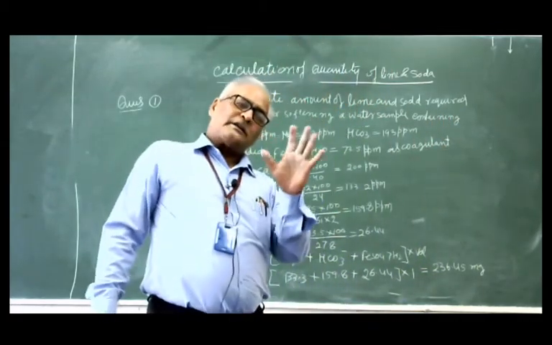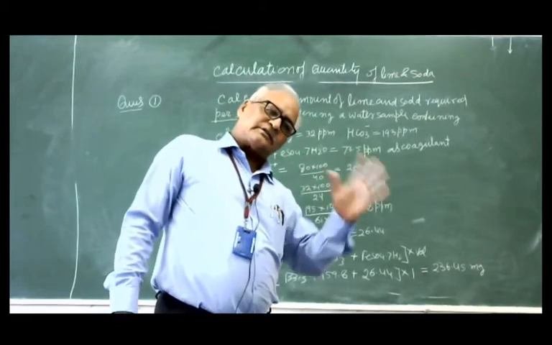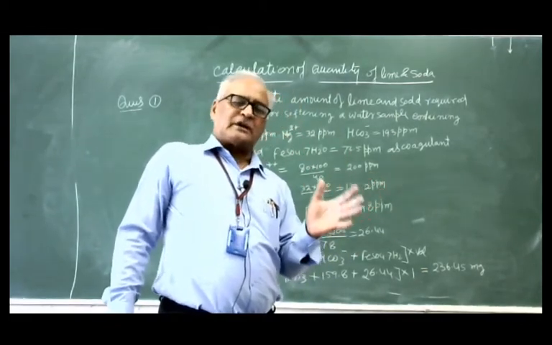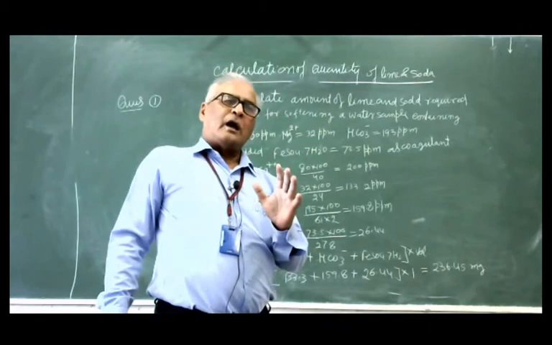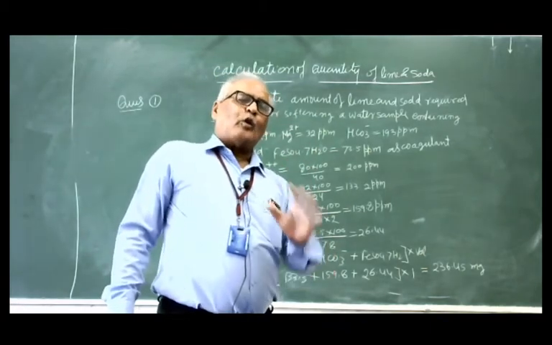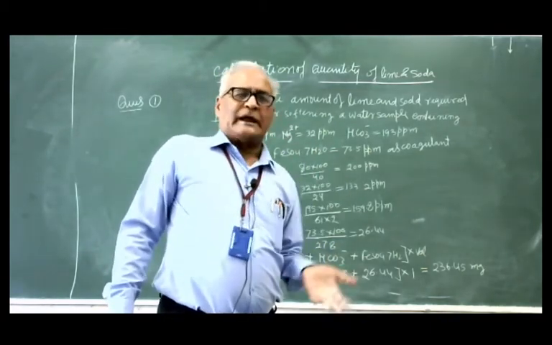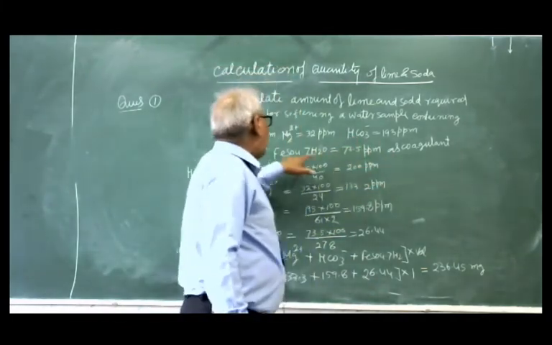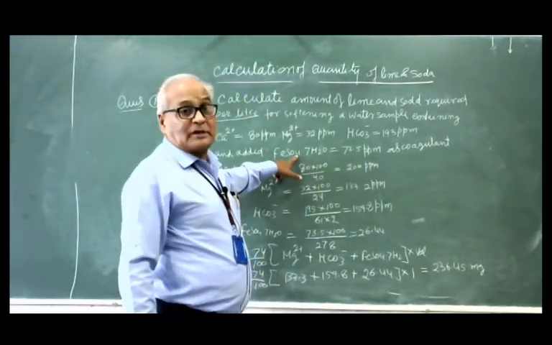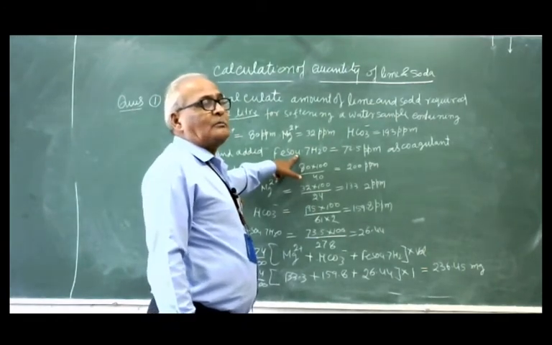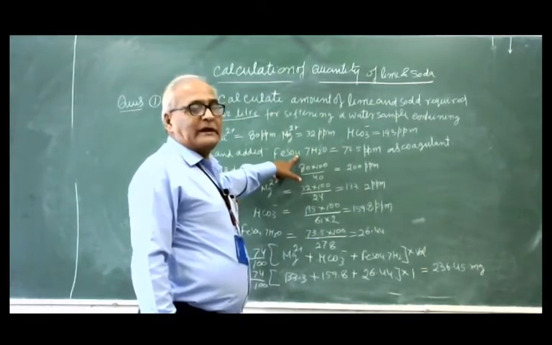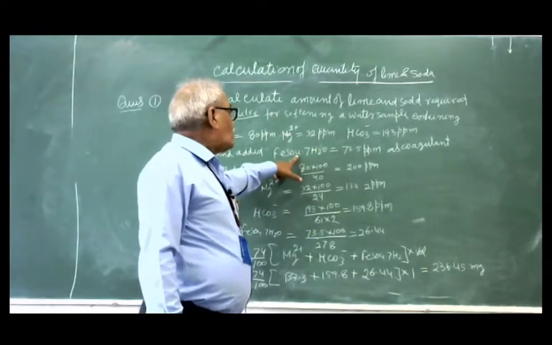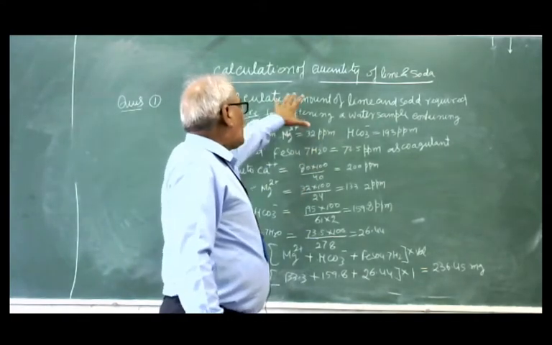So for removal of the fine precipitate of the calcium carbonate and magnesium hydroxide, we add some coagulant, either ferrous sulfate or aluminum sulfate or sodium aluminate.